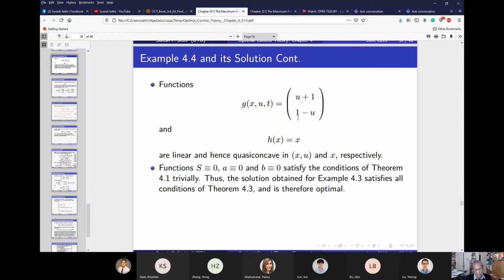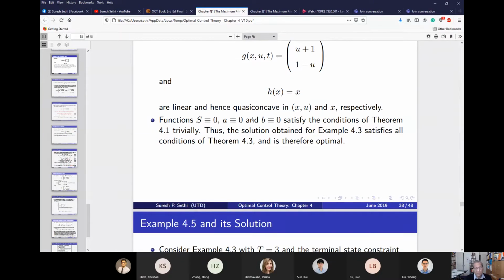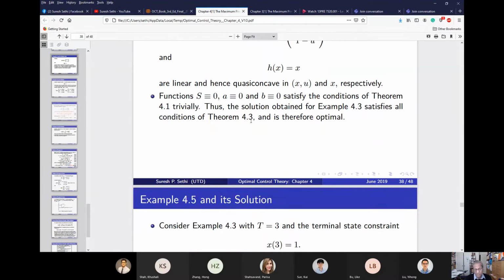It's again linear in u, and this is x, so it's quasi-linear and hence quasi-concave. And so all I'm saying is you check boxes. You check boxes, and S is 0, so A is 0, B is 0, satisfy the condition of theorem 4.1, which is the sufficiency condition. And so the solution obtained in example 4.3 satisfies all sufficiency conditions, and therefore is optimal.